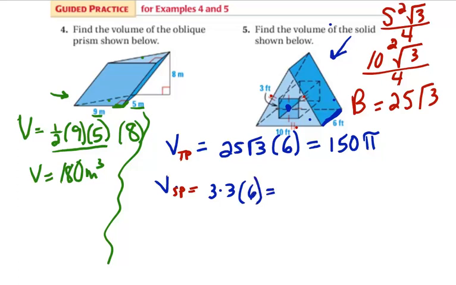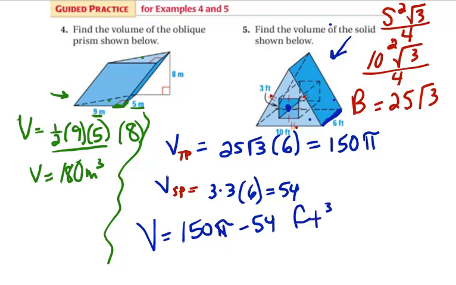So we get 3 times 3 times 6, which is 54. And so if I wanted an exact volume, I would subtract these two, 150 pi minus 54, and that would be an exact value, feet squared, or feet cubed, sorry, I'm going to keep doing that for this unit, I think, feet cubed. But let's go ahead and do an approximation.